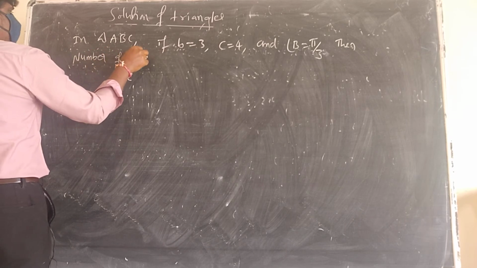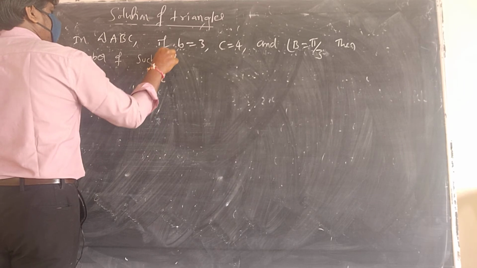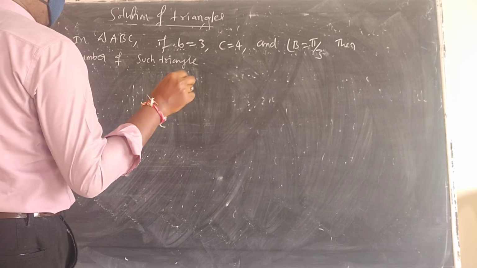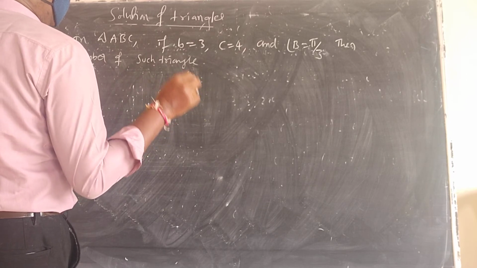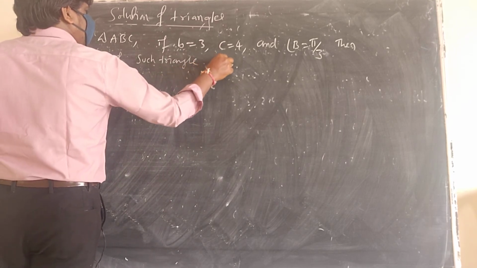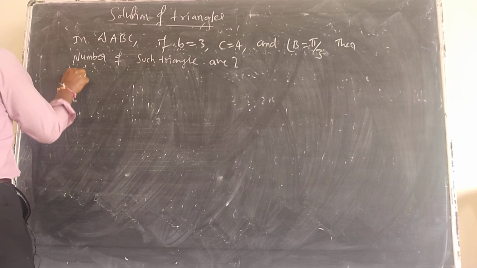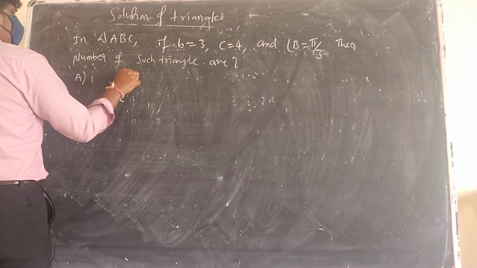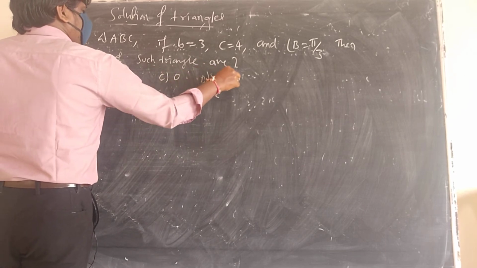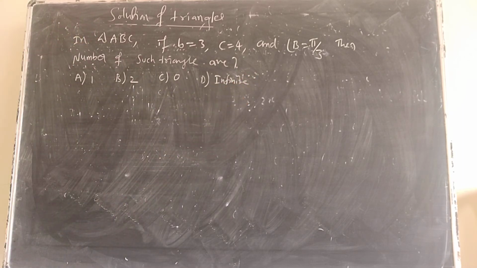Means he is saying that in triangle ABC, side length b is 3, c is 4, angle B is pi by 3, how many such triangles form? Option A 1, option B 2, option C 0, option D infinite. So now this is the question. Tell me the answer. Come on, anybody? Swara?